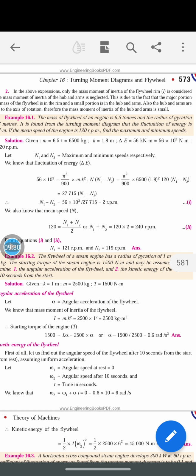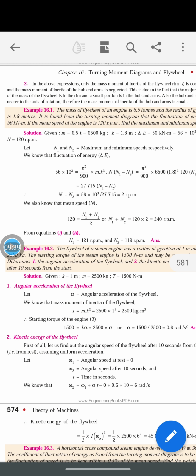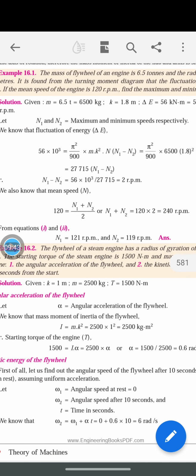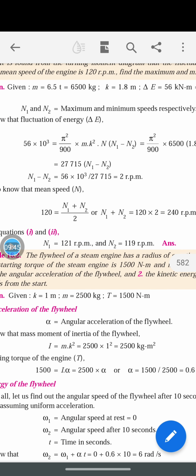The radius of gyration is denoted with small k, delta E, the fluctuation of energy, is given as 56 kilonewton meter, and the mean speed is given as 120 rpm. So we will substitute all those values in delta E is equal to pi square by 900 mk square N into (N1 minus N2).